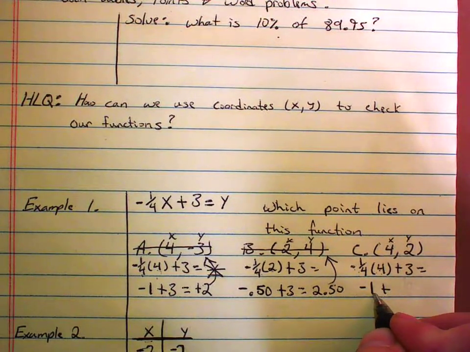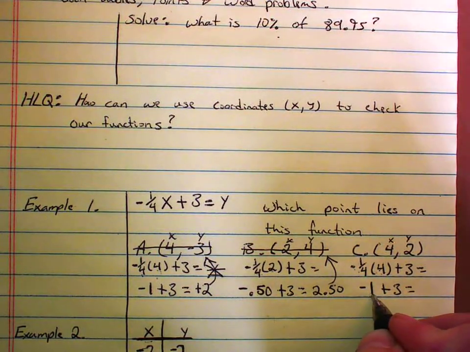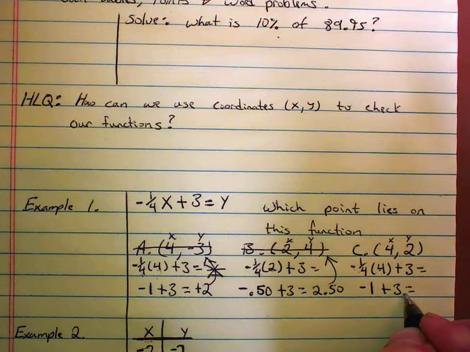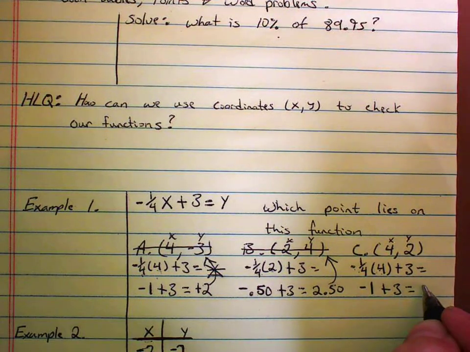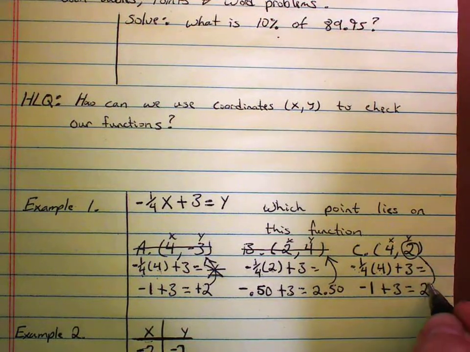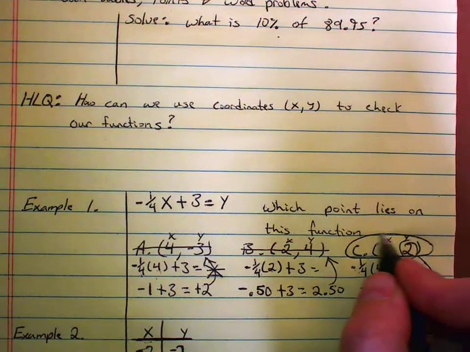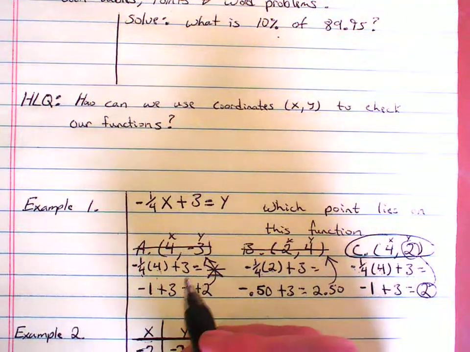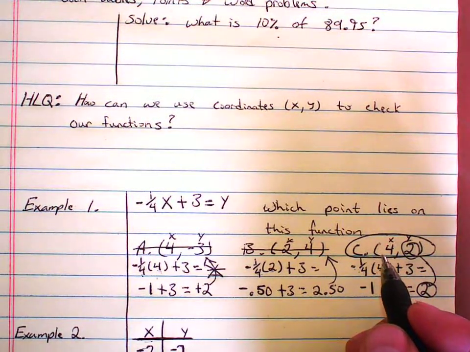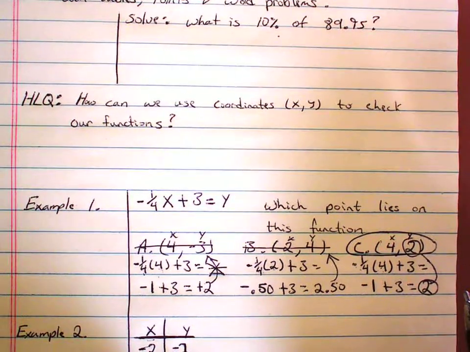So I have negative 1 plus 3. Well, you owe me $1 and you have 3. So you're going to get to keep 2 of your dollars. Now, because 2 and 2 are the same number, C is our answer. We knew by process of elimination C would have to be our answer, and we just worked it out. Alright, so example number 2.